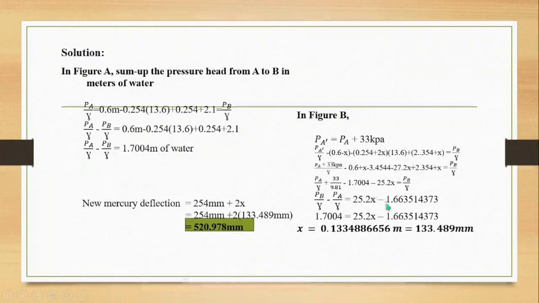After calculating, our answer is 1.663514373, then minus 25.2x. So here our meters of water, 1.7004, equals 25.2x minus 1.663514373.